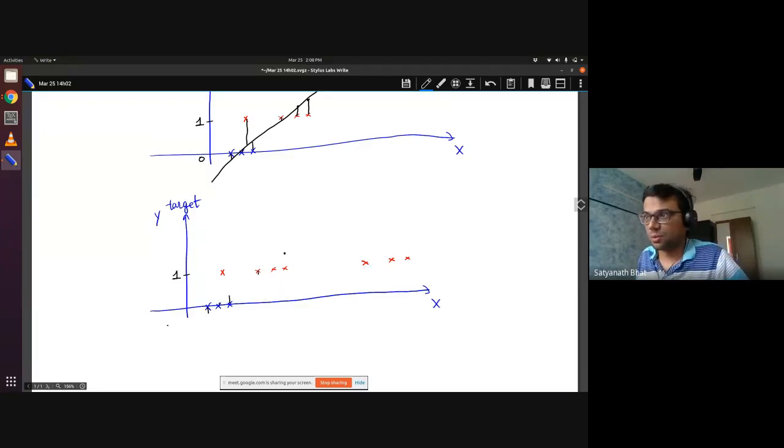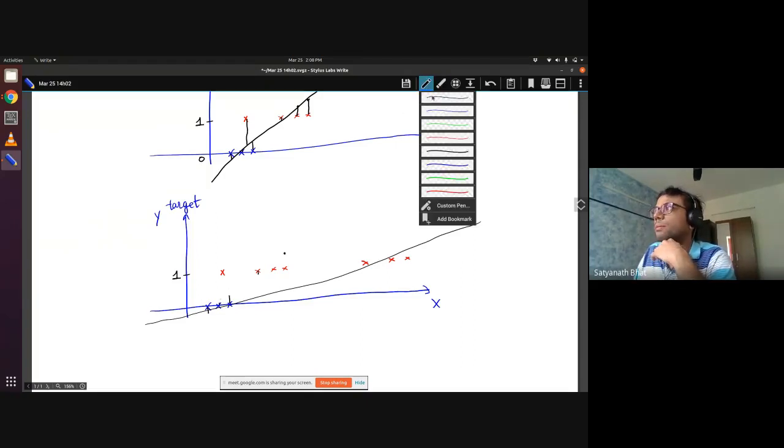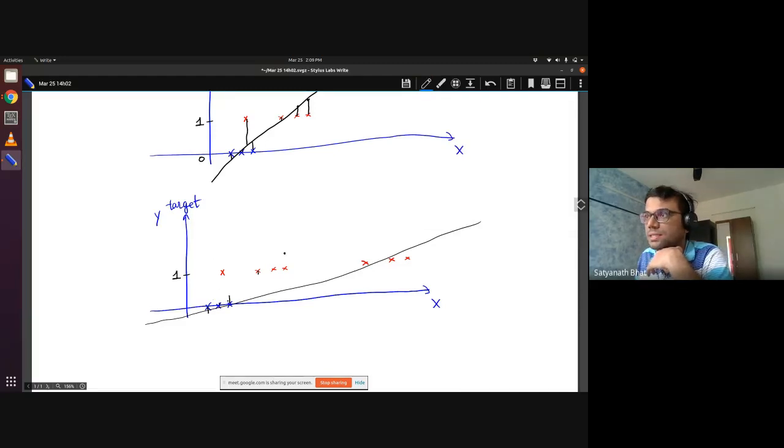I should draw it a little more nicely. Something like this. The reason being the objective is trying to minimize the target minus this, right? So the thing that you're actually trying to minimize is these distances.